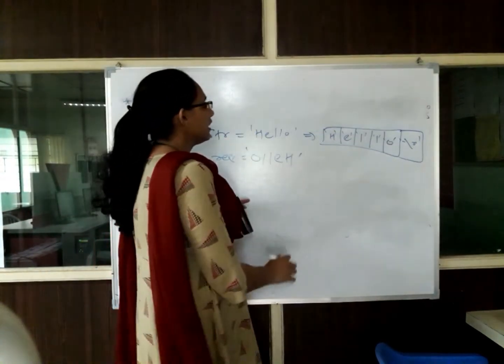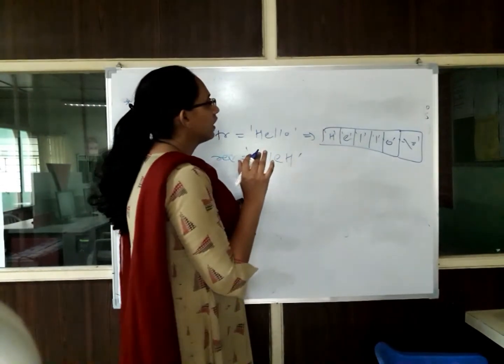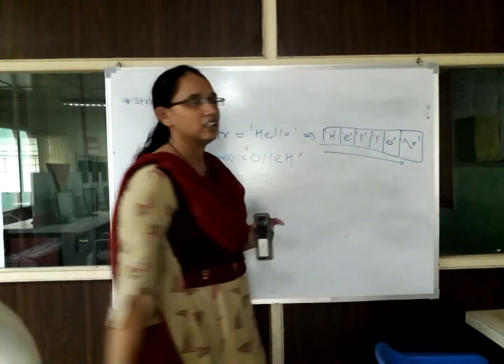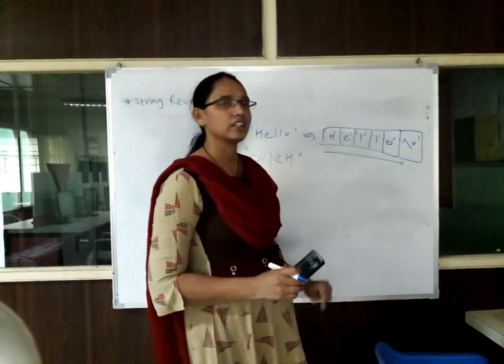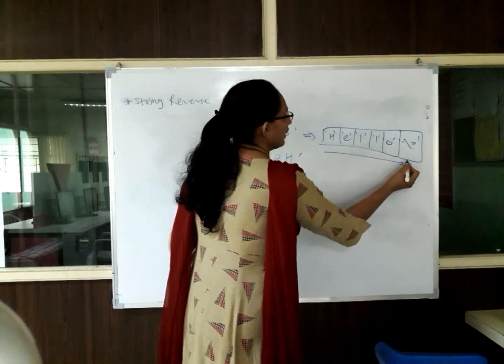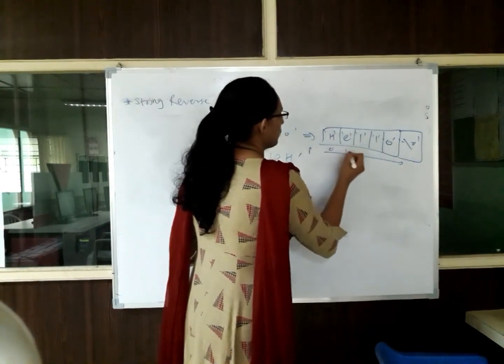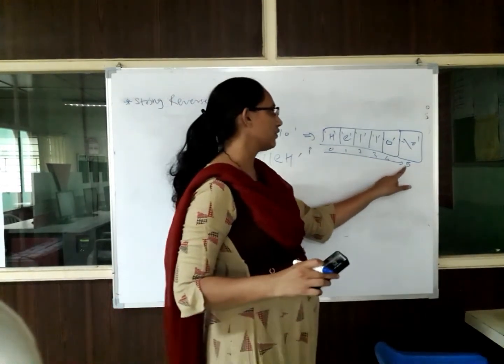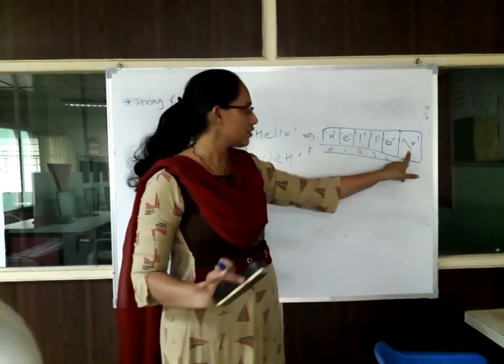This is str. Now we traverse this string till the null or till the end. Suppose this is i: 0, 1, 2, 3, 4, and at the fifth location we find the end of string.